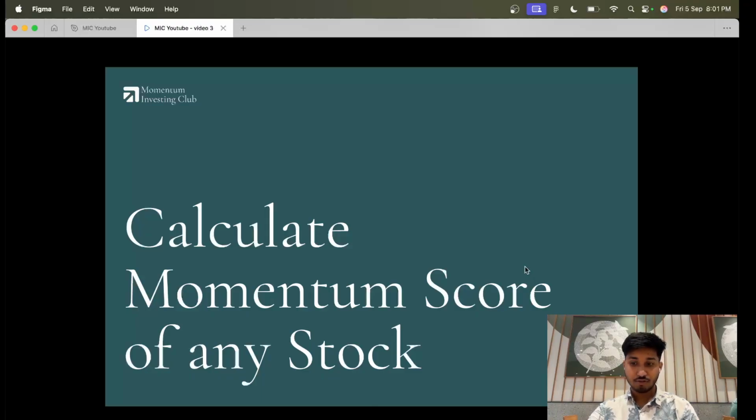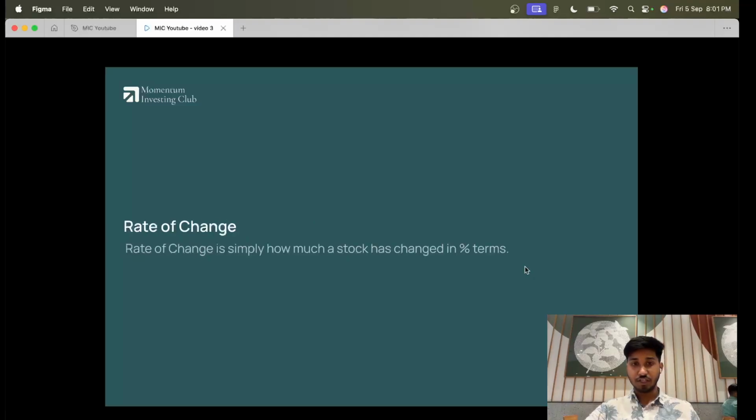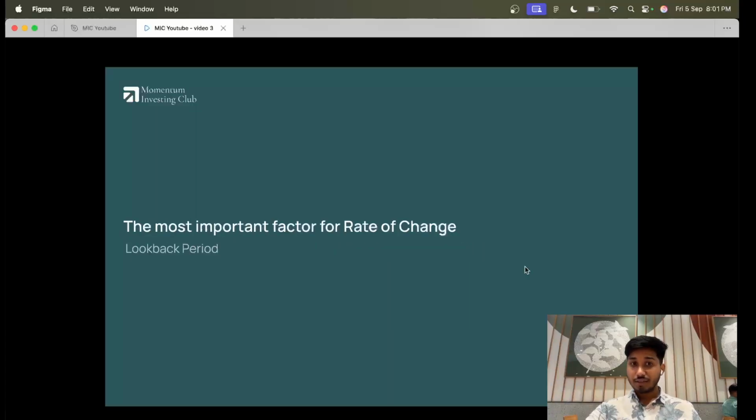But let's get started. The best way to calculate the momentum score of any stock is by calculating its rate of change. Rate of change essentially means the percentage change a stock has had over a specific duration. The most important part about rate of change is the duration.